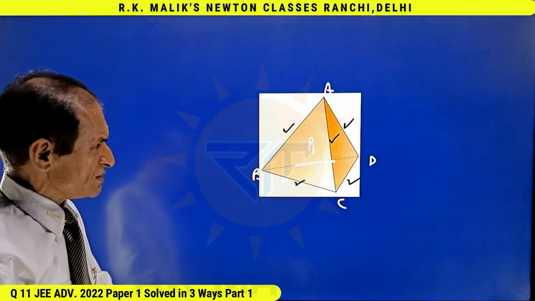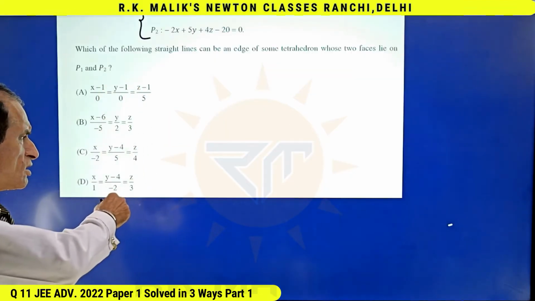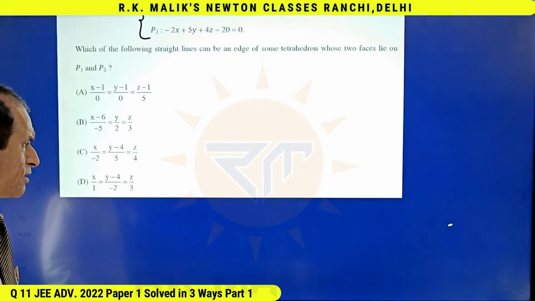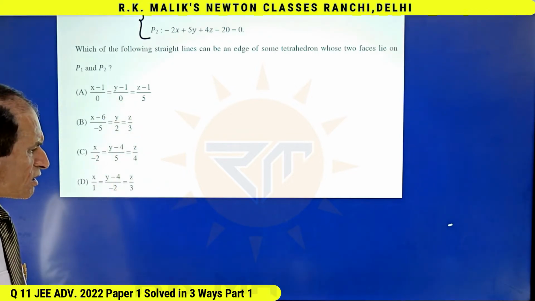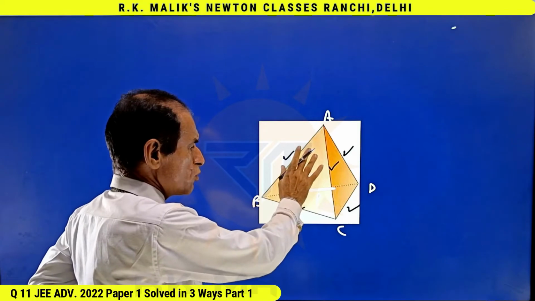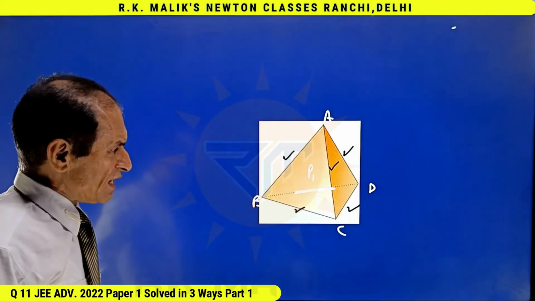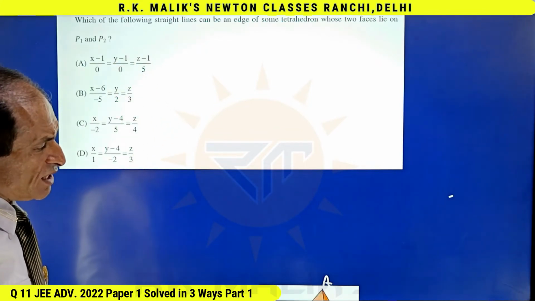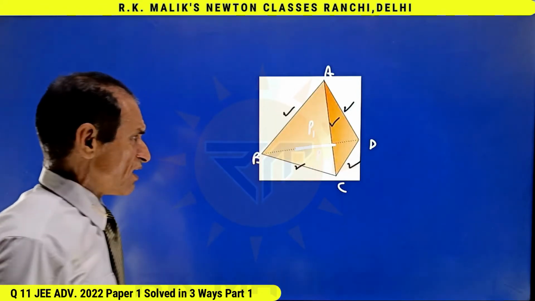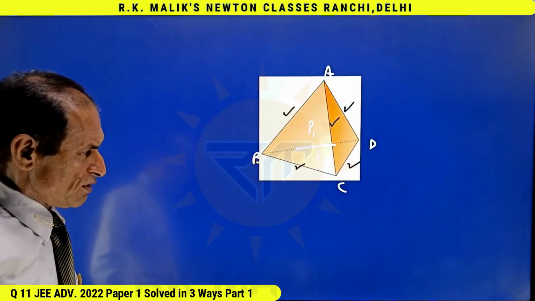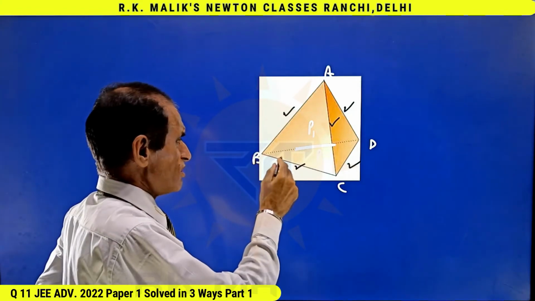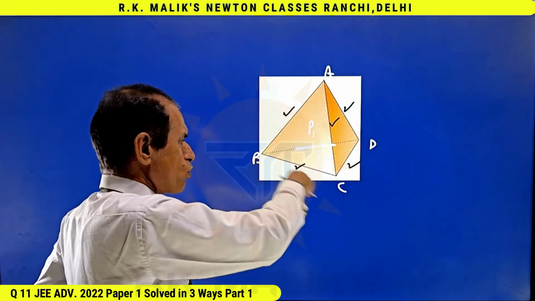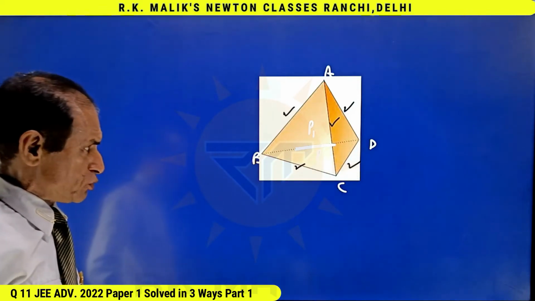That is, we can say out of these 4 lines, only that line can become the edge of tetrahedron if and only if that line completely lies on P1 or completely lies on P2.